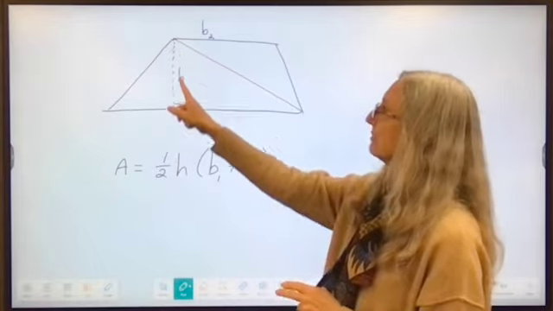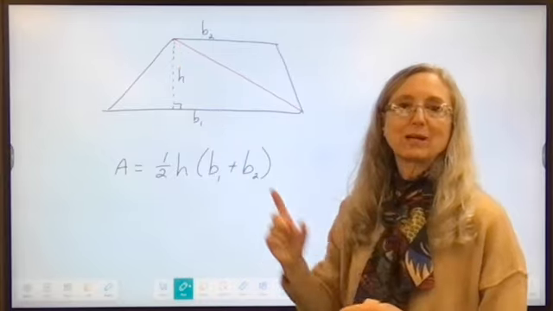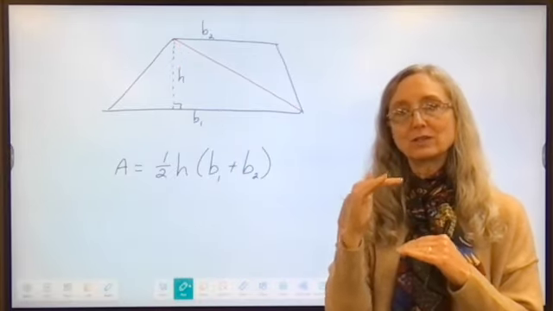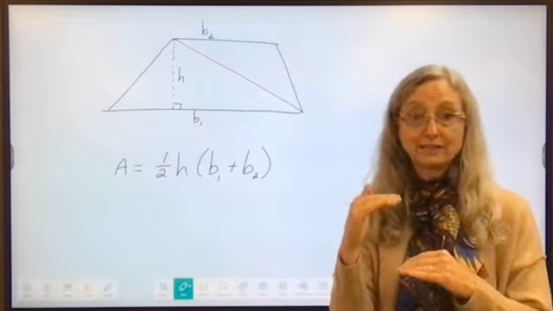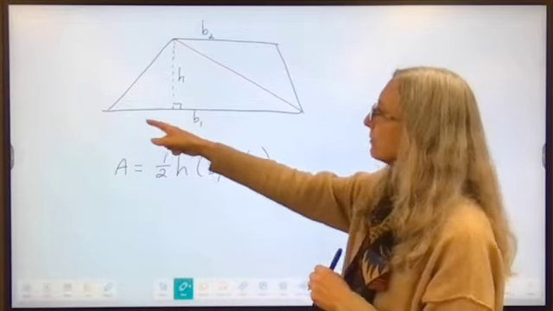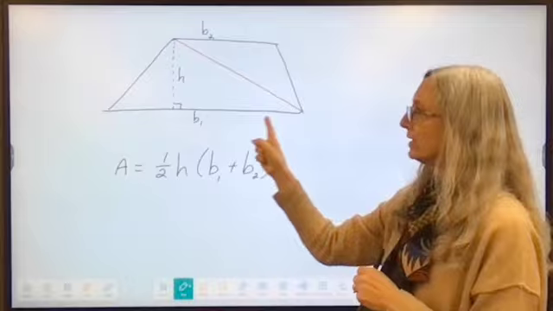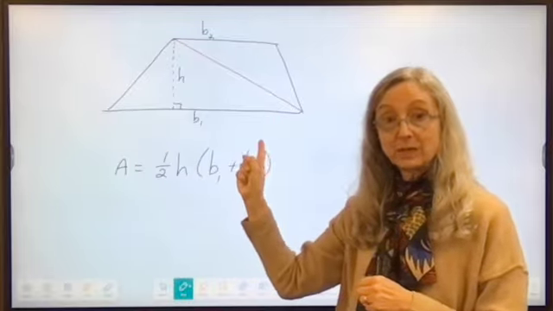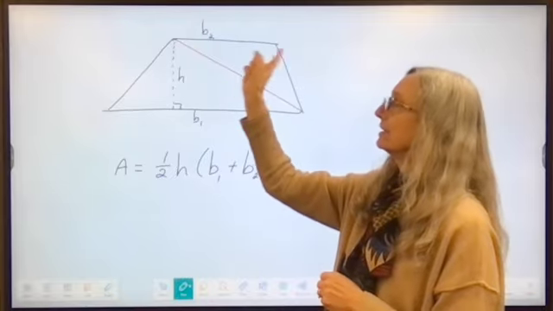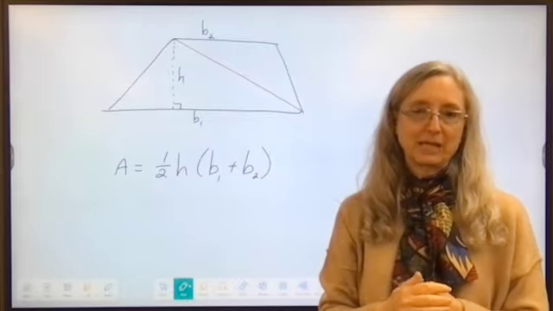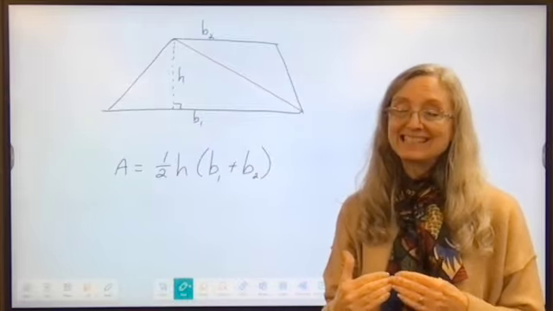So the height of each one of these triangles is the same. That's the distance between the two parallel sides. So my heights are the same. One of my triangles has one of these parallel bases as its base, and the other triangle has the other base of the trapezoid as its base.